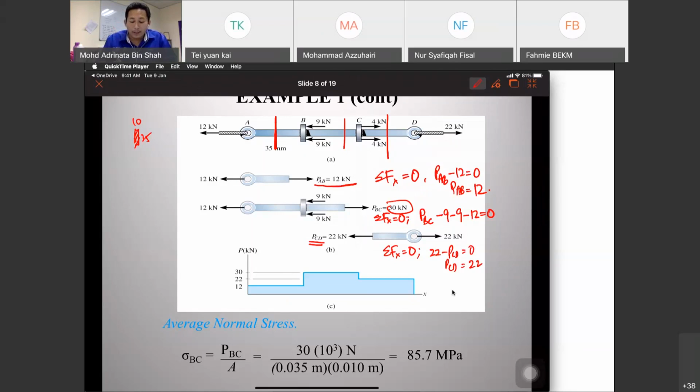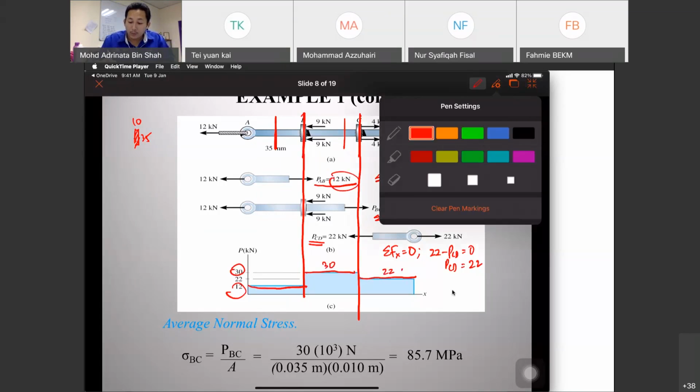So kita tengok each and every single part dekat mana perubahan daya berlaku. Okay, ini perubahan. Okay, so kat sini. Okay, so 12, 30, 12, yang ni PAB, PBC 30, PCD 22.